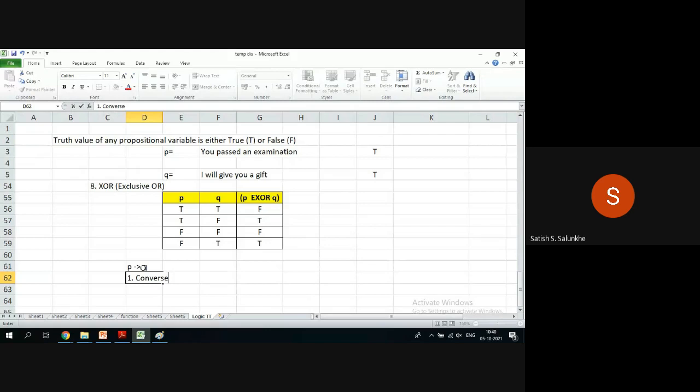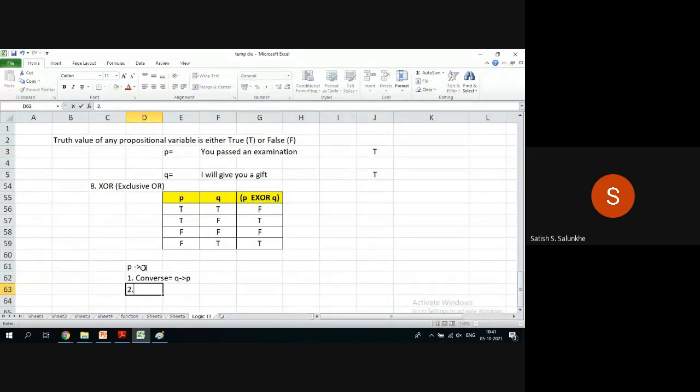Now what is the converse of P implies Q? That is what we need to understand. Given P implies Q, the converse is always Q implies P.